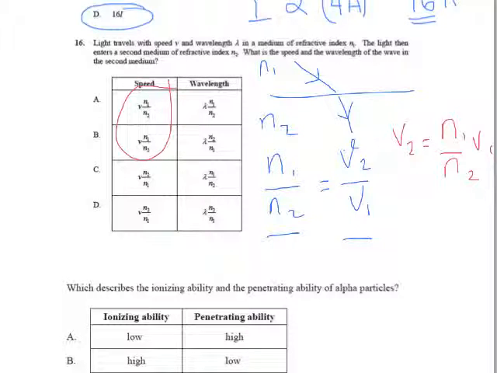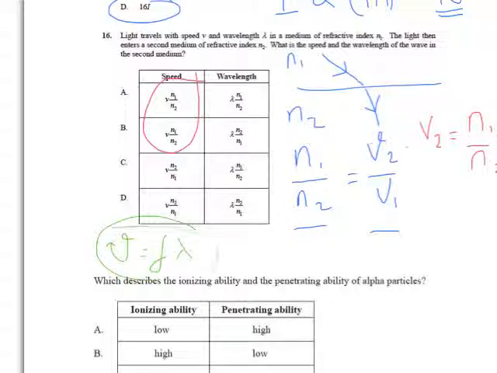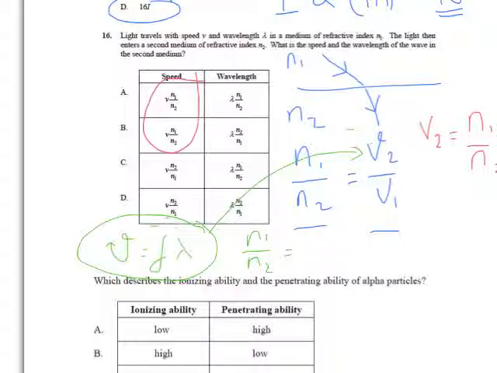So now let's think about the wavelength. If we use the wave equation, speed, v, equals frequency times wavelength, and substitute this relationship for wavelength into our relationship here for refractive index, we have n1 over n2 equals frequency times lambda for the second wave over frequency times lambda for the first one.